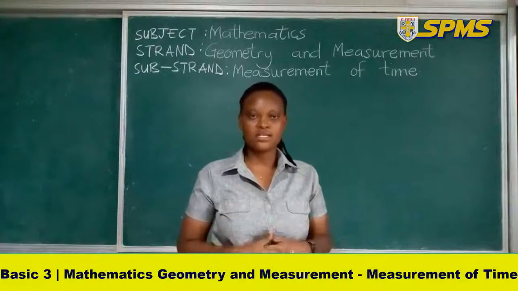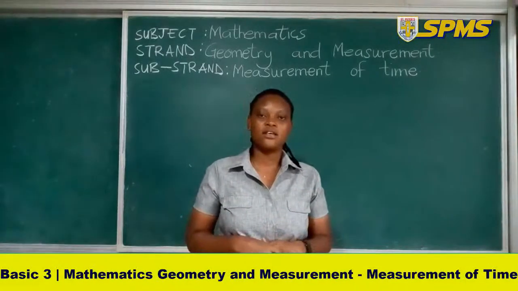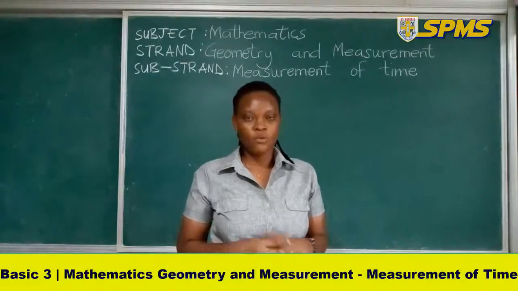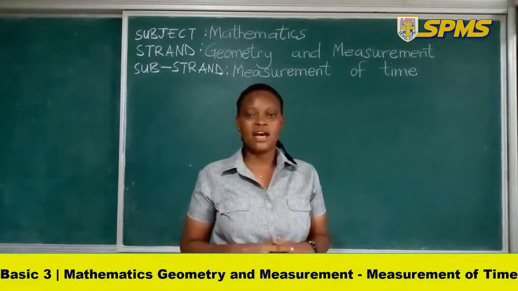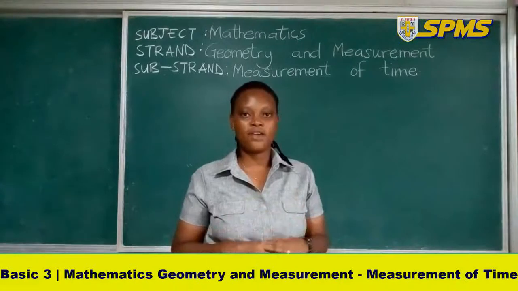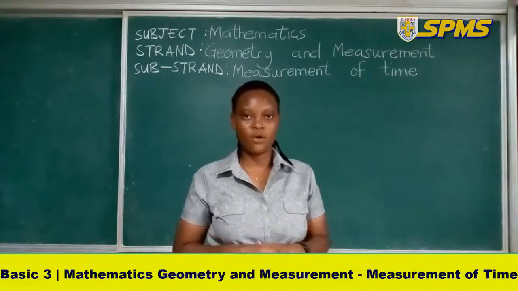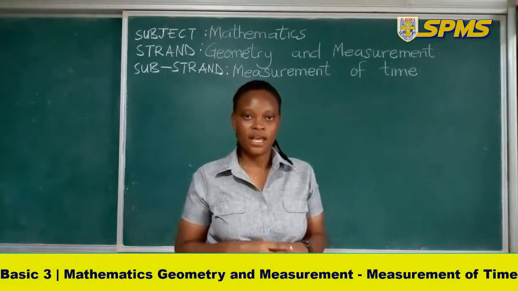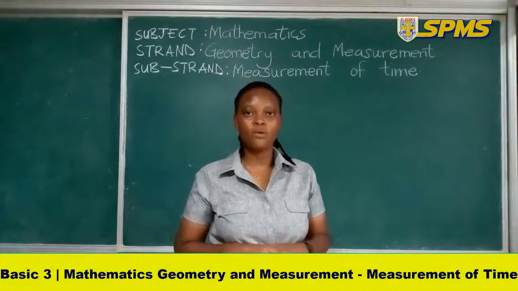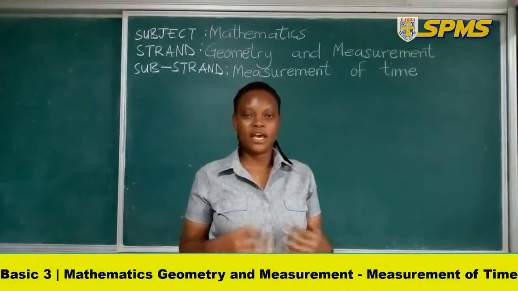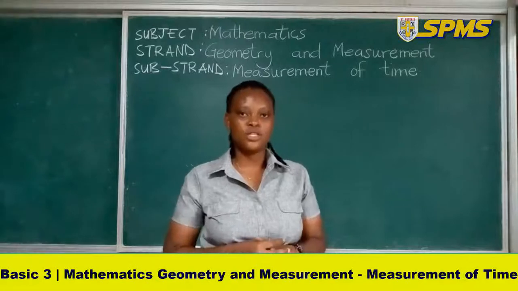These 3 units help us to tell time. We also learned that there are 5 intervals between the numbers on the clock, and then we've been able to tell the time with the help of these units.